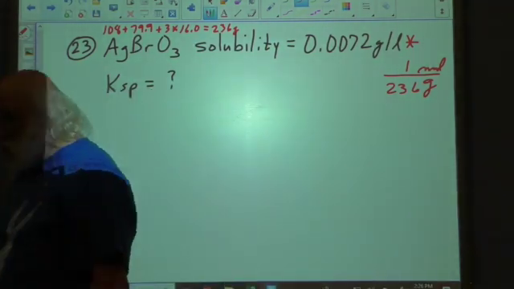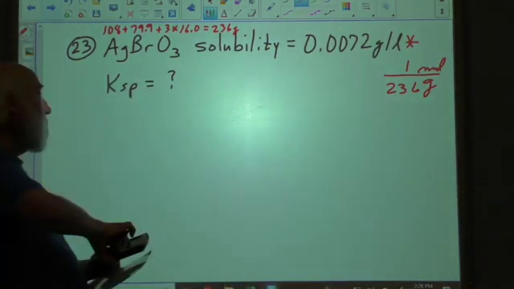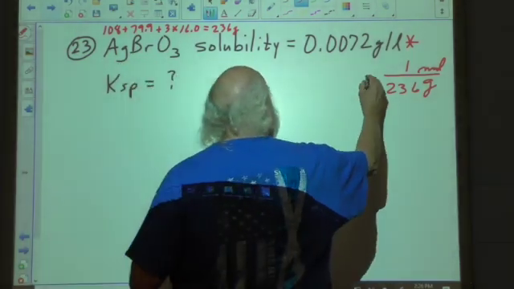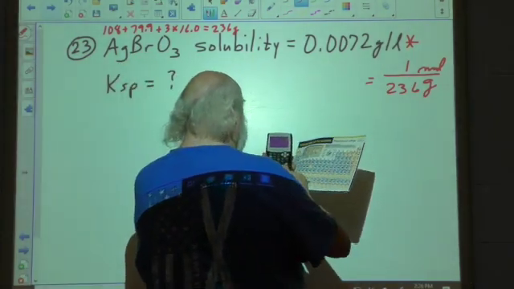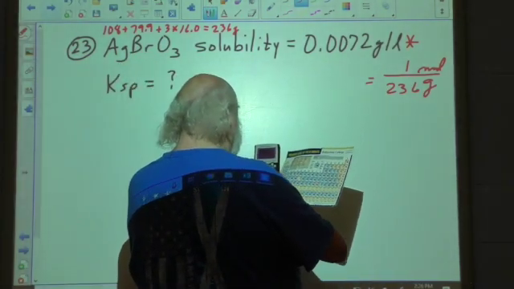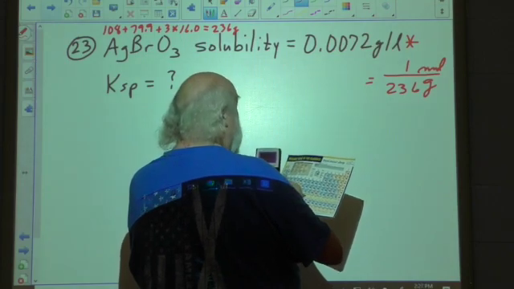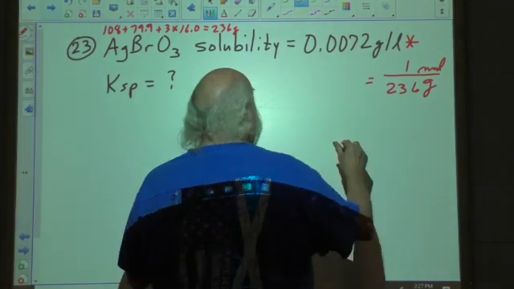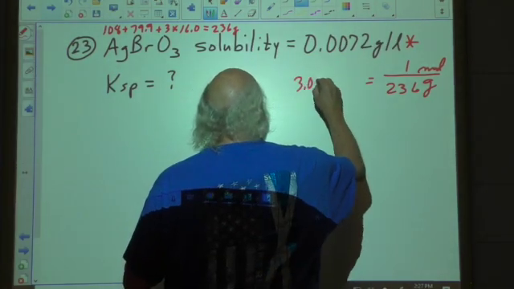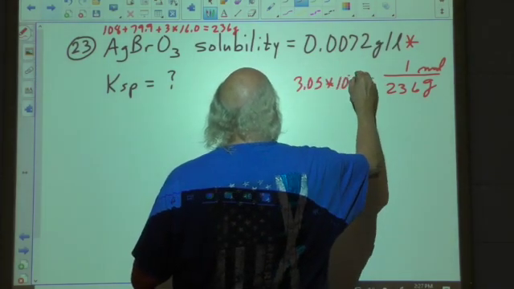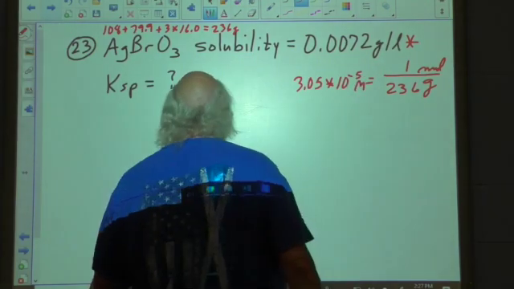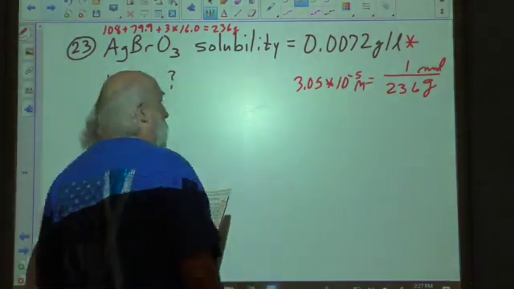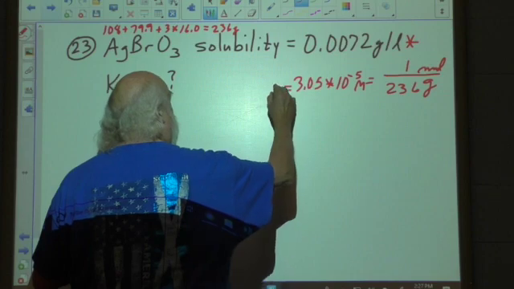So I take my calculator out. 0.0072 divided by 236 gives me 3.05 times 10 to the -5 moles per liter. And that's going to be my x.